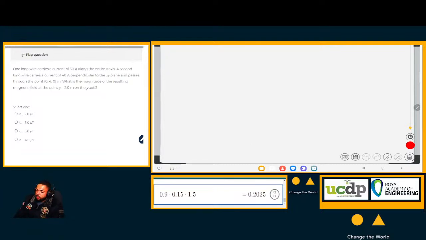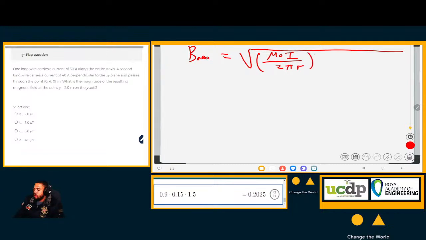We know that b res is equal to the square root of b1 squared plus b2 squared. Now b1 is mu naught I over 2 pi r, and b2 is exactly the same, mu naught I over 2 pi r, and that's squared.